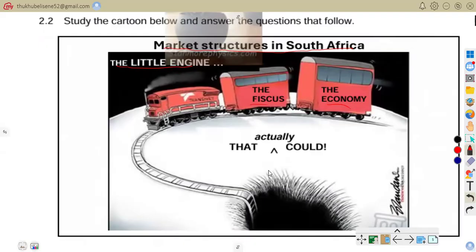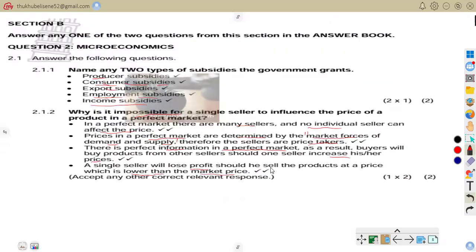For example, setting high prices and blocking new competitors. So that is that. Let us go to our answers.